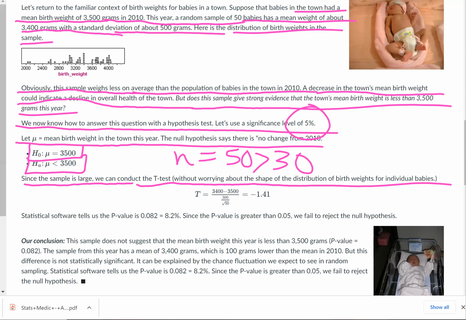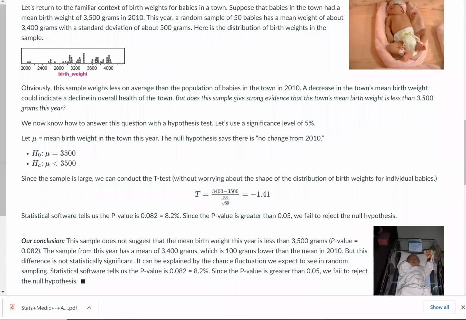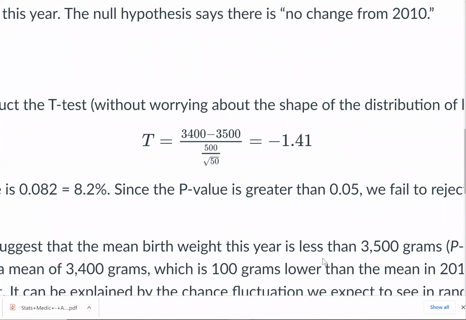We calculate the t-score here. Let me zoom in so we can see it. The sample mean minus the previous mean, x-bar minus mu, over the sample standard deviation over the square root of n.